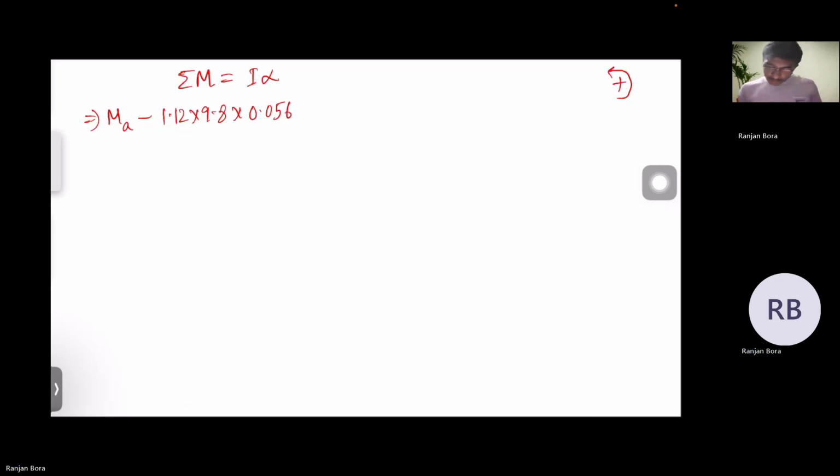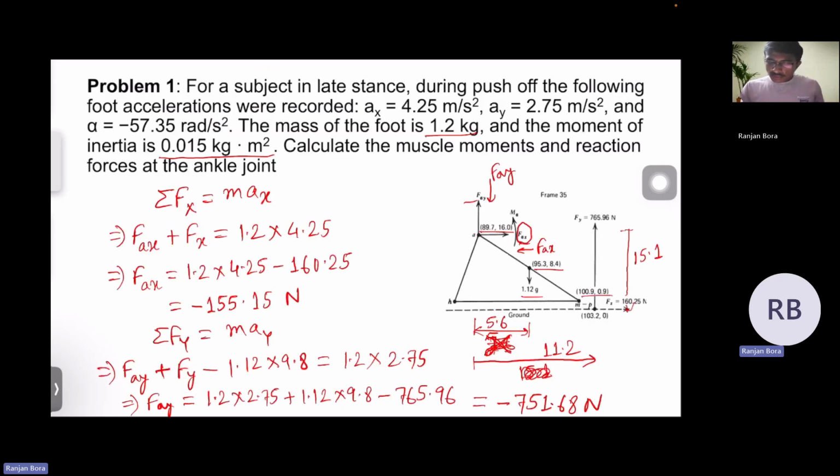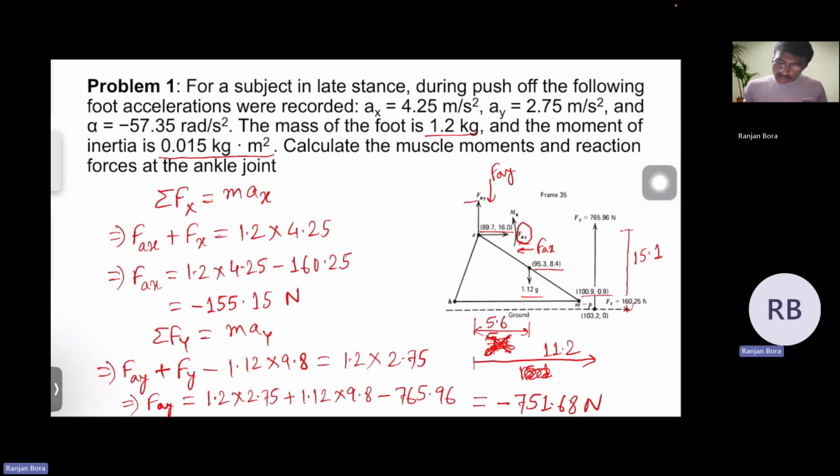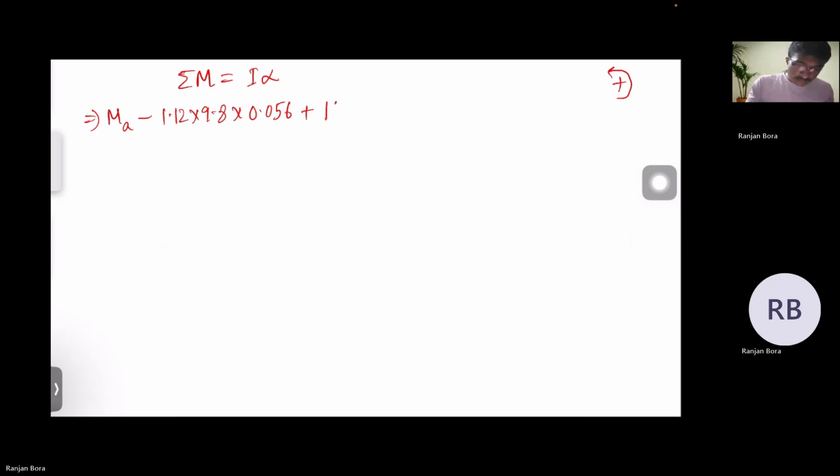And moment due to this force Fx is in anti-clockwise direction, so it will be plus Fx, which is 160.25, multiplied by the moment arm, which is 15.1, but it is in centimeters, so we need to write 0.151.